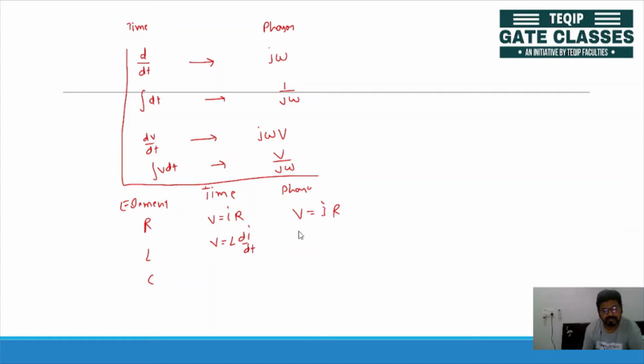When you change this into the frequency domain, you will get V is equal to j omega L I. So this j omega L will be actually your impedance, or you can say inductive reactance, because by Ohm's law V is proportional to I, and this proportionality is equal to j omega L. That means this omega L is actually the reactance.